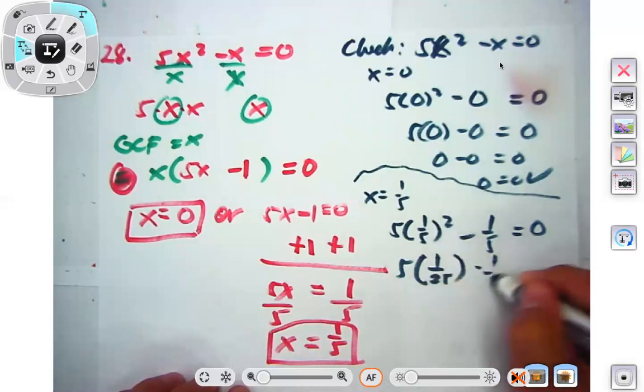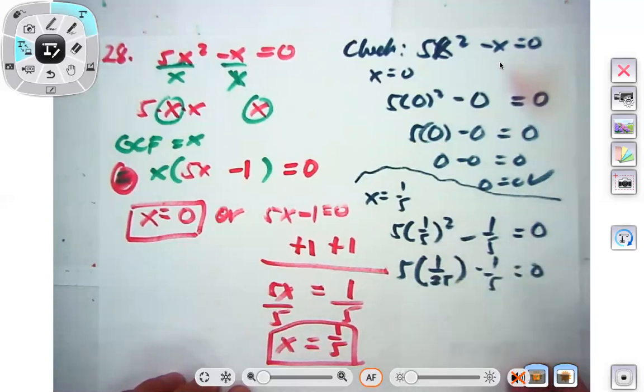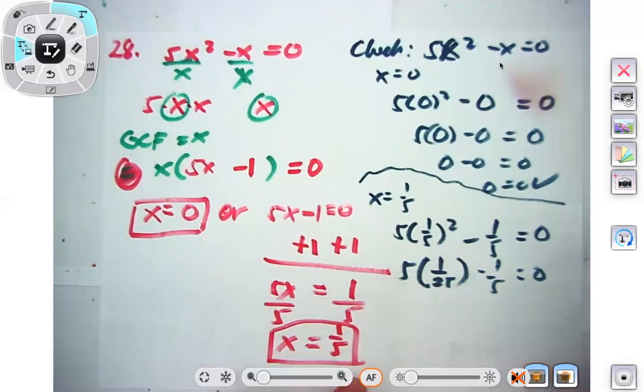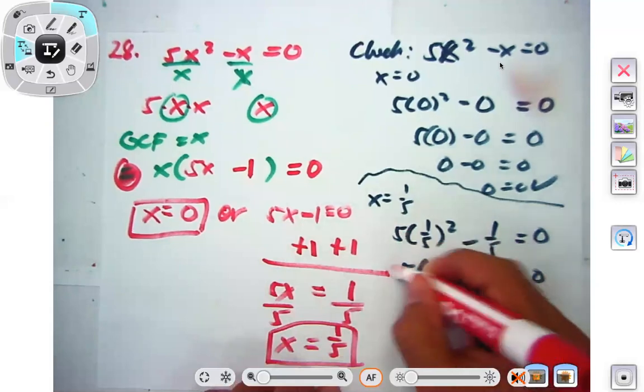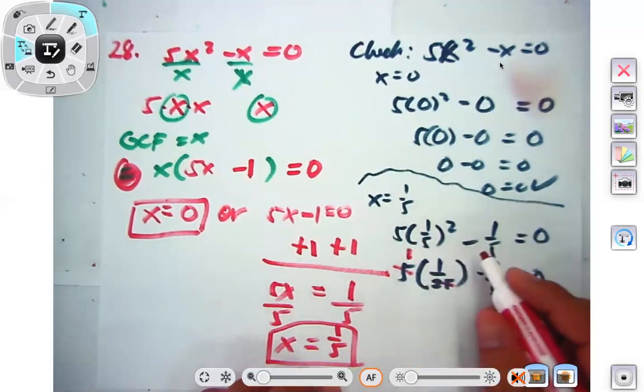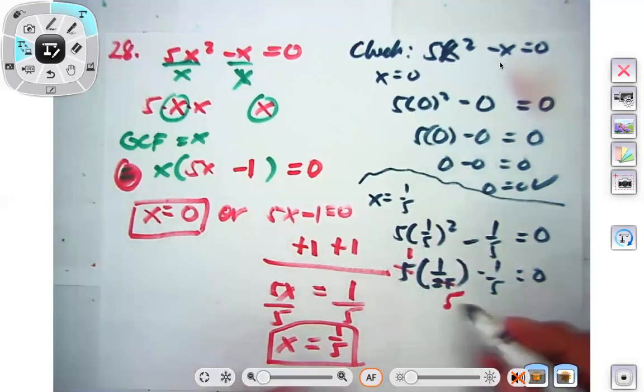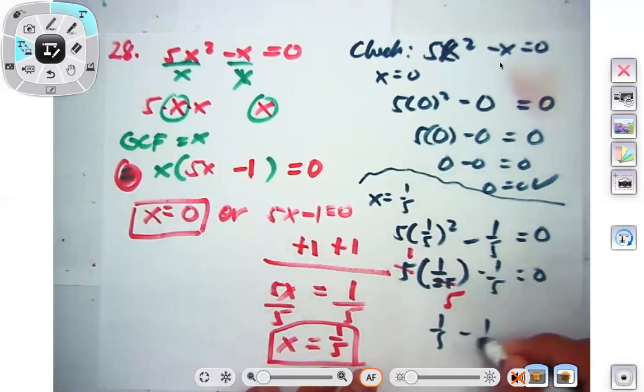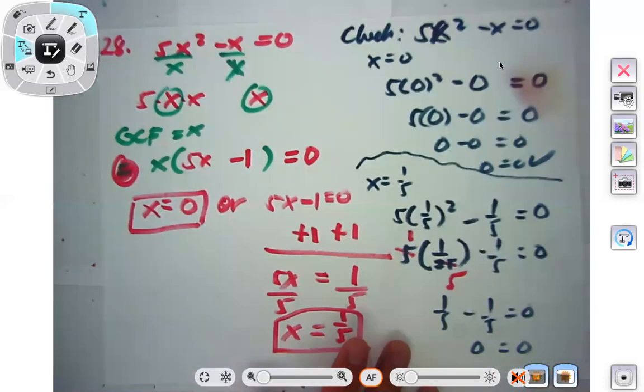Minus 1/5. But you can divide 5 and 25 by 5, so we can cancel this. 5 divided by 5 is 1. 25 divided by 5 is 5. Therefore, we have 1/5 minus 1/5, and that, of course, is 0 equals 0. Right, so that's the checking.